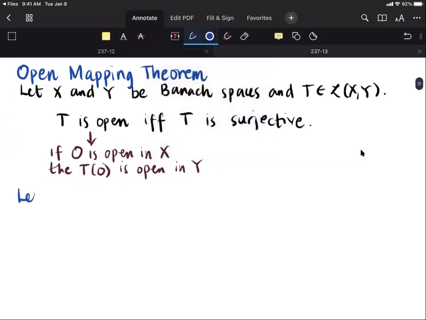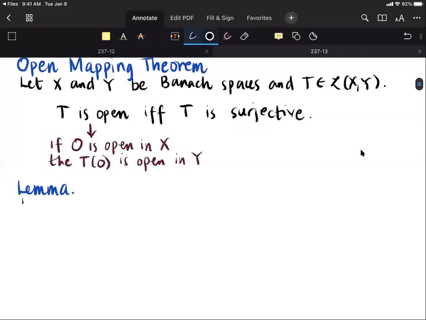Well, to prove this theorem, let us consider a simplified version. So let us copy the assumptions of the open mapping theorem.